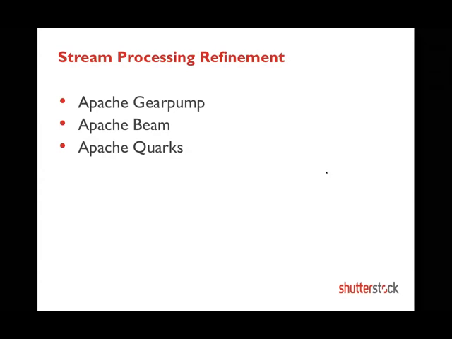And Beam, again, we're going to need to collectively as a community build that out, and work towards building other runners. How do I solve a streaming problem that my company is facing? I could use Apache Beam, or whatever the next incarnation is that takes that idea and runs forward.